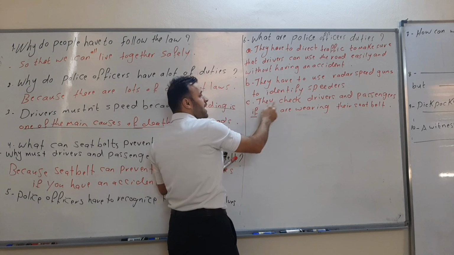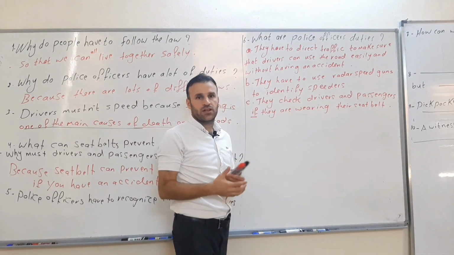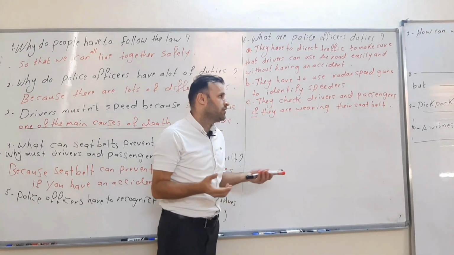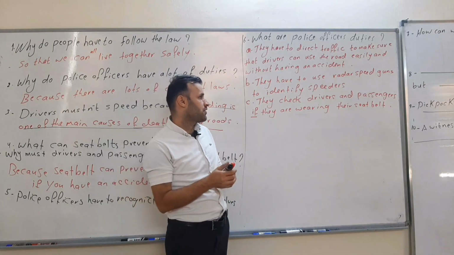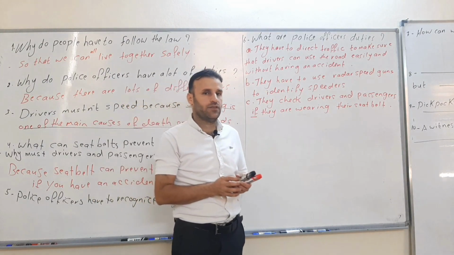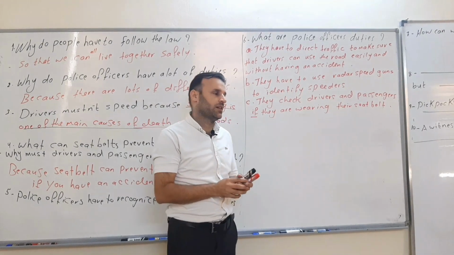Another point, they check drivers and passengers if they are wearing their seatbelts or not. And if drivers are not wearing their seatbelts, they are going to have a fine. Fine, I mean they have to pay money for this.